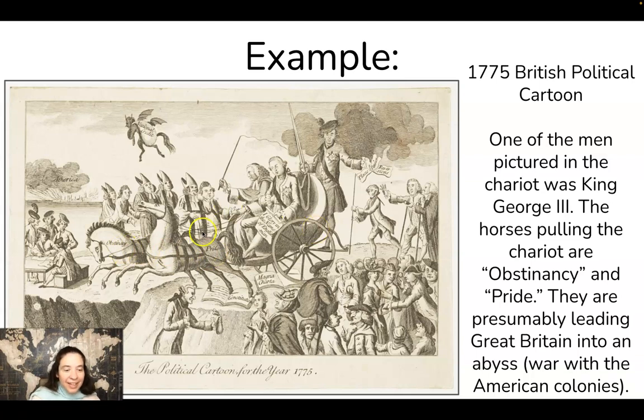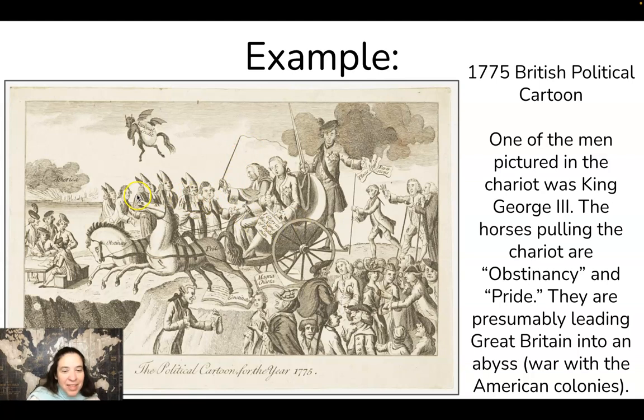They are leading Great Britain down here into this abyss, which is war with the American colonies. It's fun to have students get in a chair. If you're not too worried about safety, they can get in a chair on top of a desk, but only if it's safe.